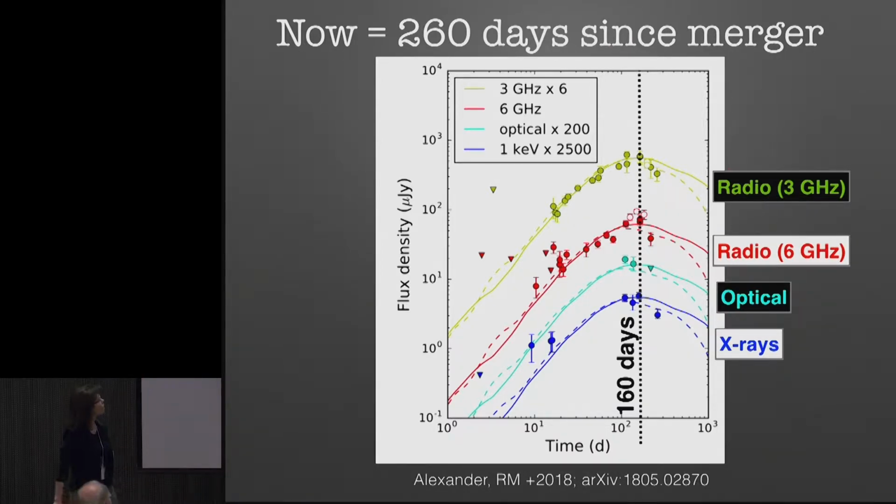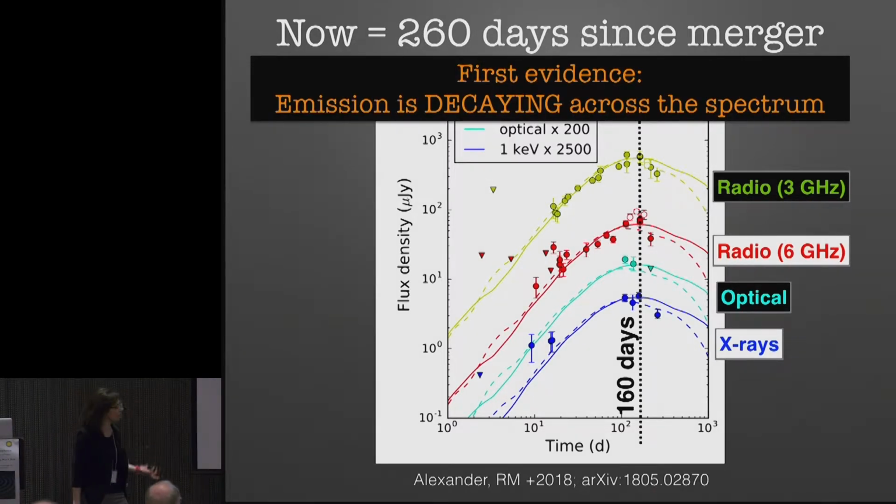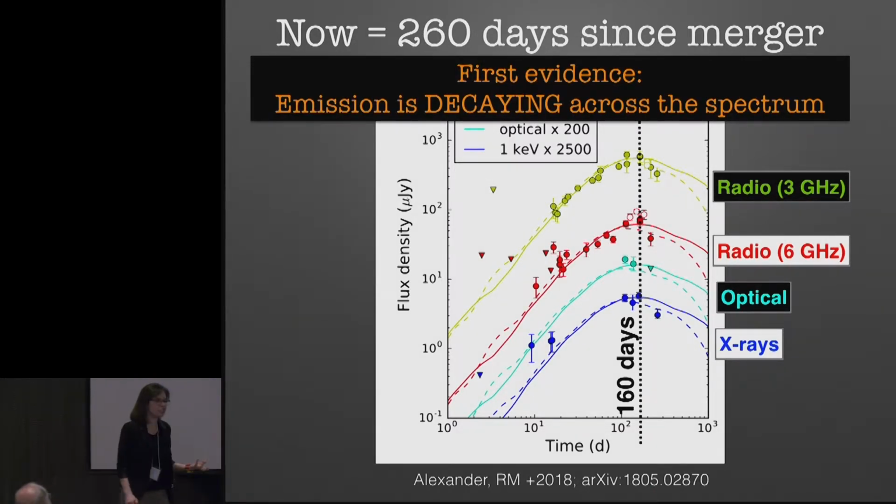This is a result that you can find in a paper that appeared conveniently last night by Kate Alexander, and you're finding there data that have been released 24 hours ago. So very fresh news. All right, so what is the key message here? For the first time, we can say there is decreasing emission across the spectrum. So now we know we reached the peak and we're going down.